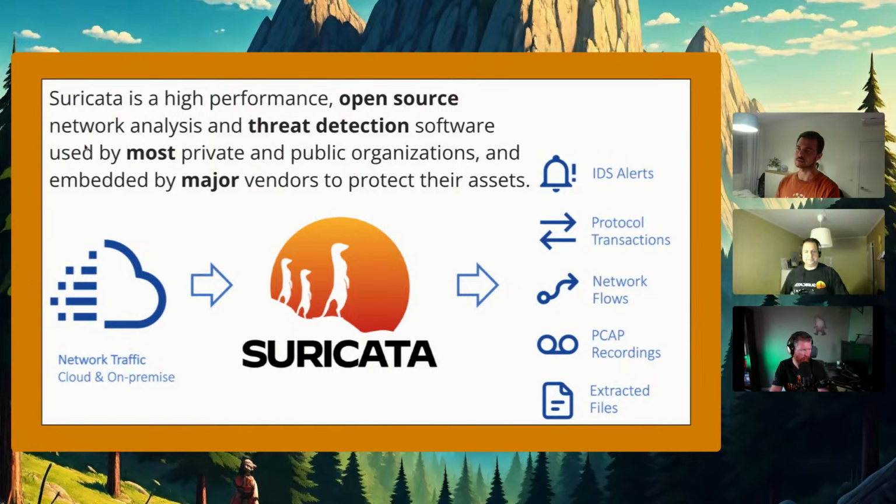And of course, it can not only produce the detection outputs, but also other network metadata as protocol transactions, just the information about network flows. But it may also do conditional or full PCAP recordings and extract files. So whatever you need some security analysis tool for, Suricata is out there to help you.